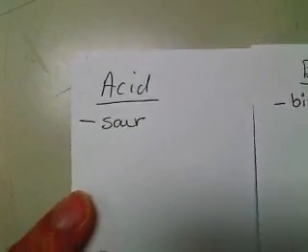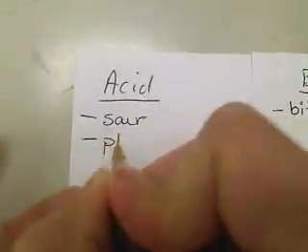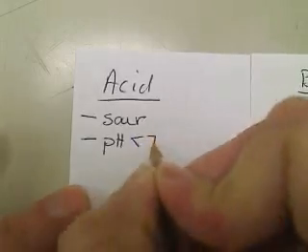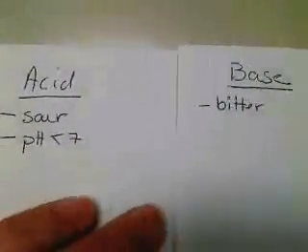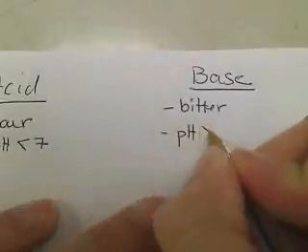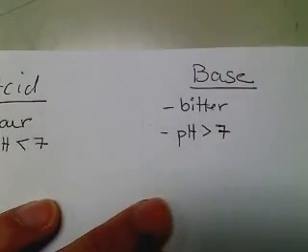Okay, next thing we want to talk about, your pH, okay? The pH for your acids is going to be less than 7. So what do you think that means for your bases? Over here, your bases, the pH is going to be greater than 7, okay? So 7 is actually the point where it's neutral.